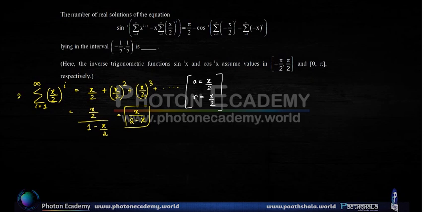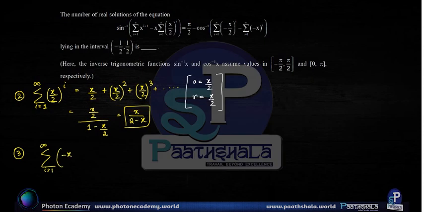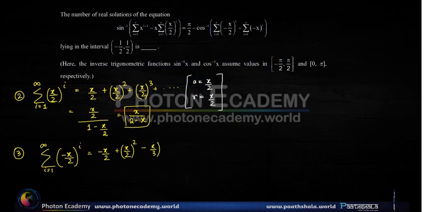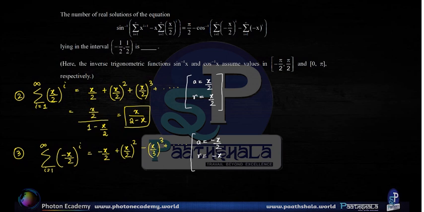This was the second term, and we have the third term as summation i = 1 to infinity of minus x by 2 to the power i, which is equal to minus x by 2 plus x by 2 square minus x by 2 cube plus and so on. Here a is equal to minus x by 2 and r is equal to minus x by 2.